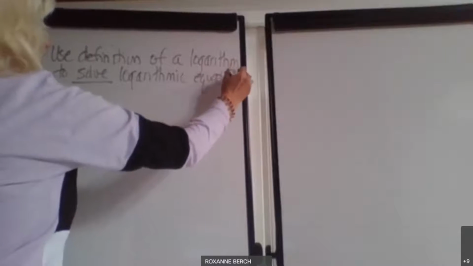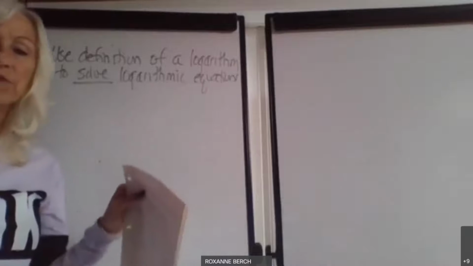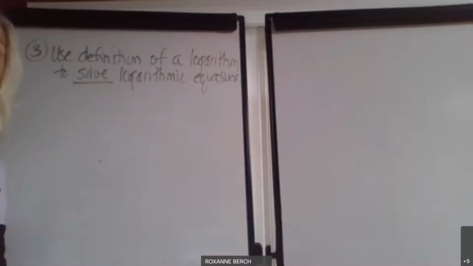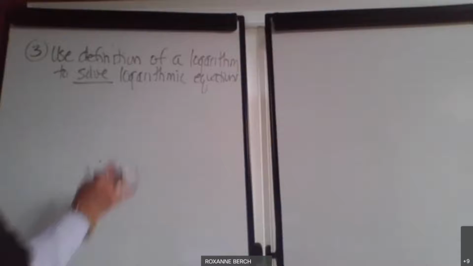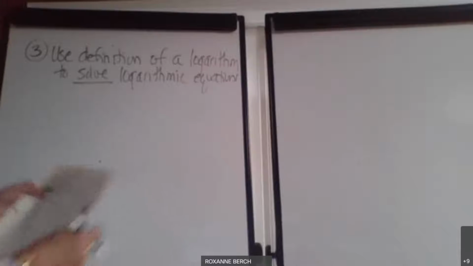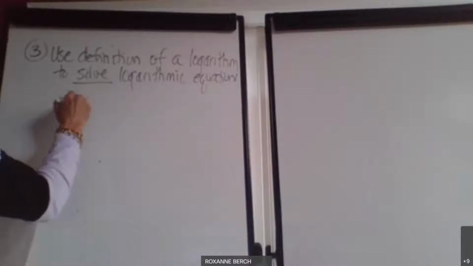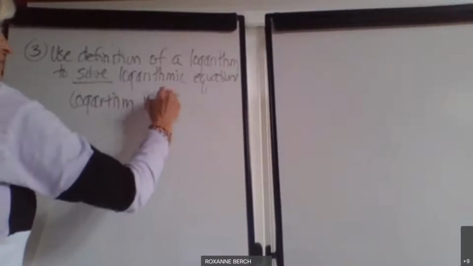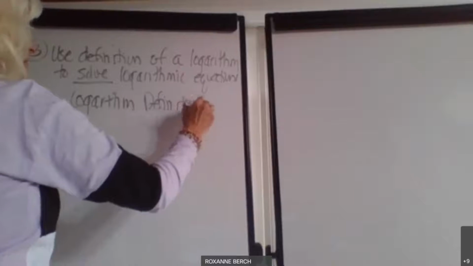So last week I taught lesson 3.4 part 1, and this is the second part of lesson 3.4, which is solving logarithmic equations. So here's the definition of a logarithm. And you've had this before, maybe it was written a little bit different, but here it is.